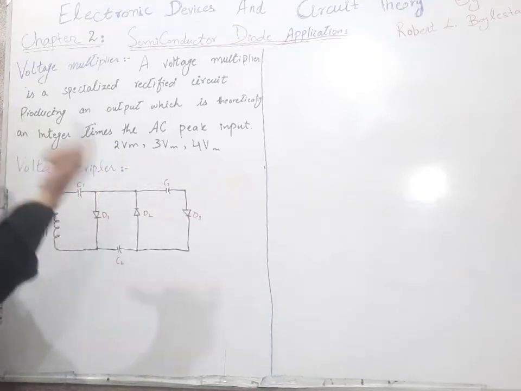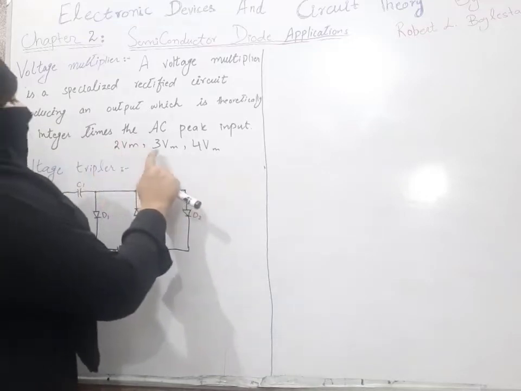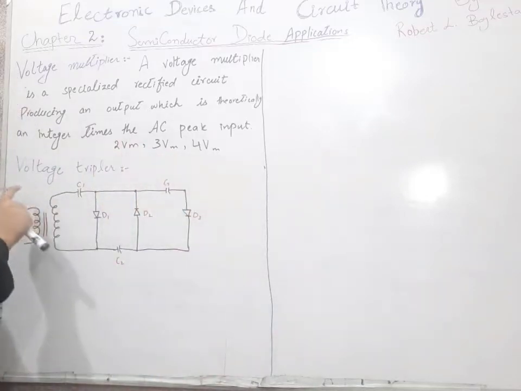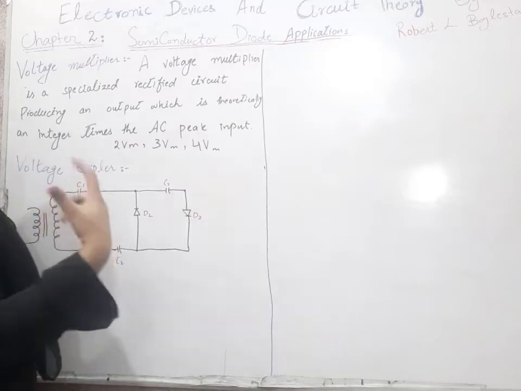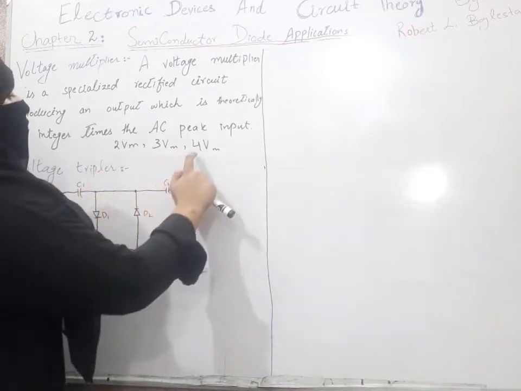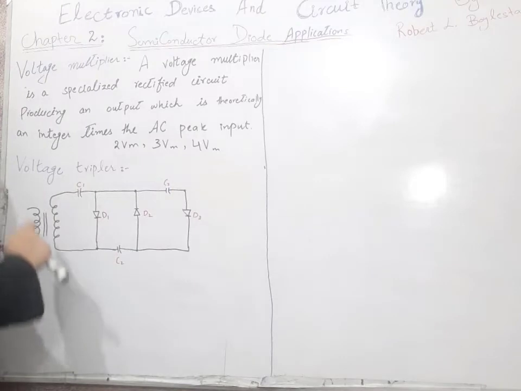When the output voltage is equal to 3 Vm, we call it the voltage tripler circuit. And when the output voltage is equal to 4 Vm, we call it the voltage quadruple circuit.